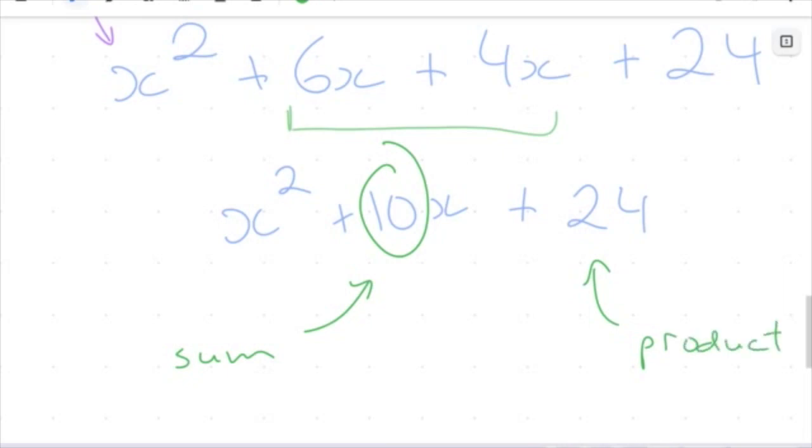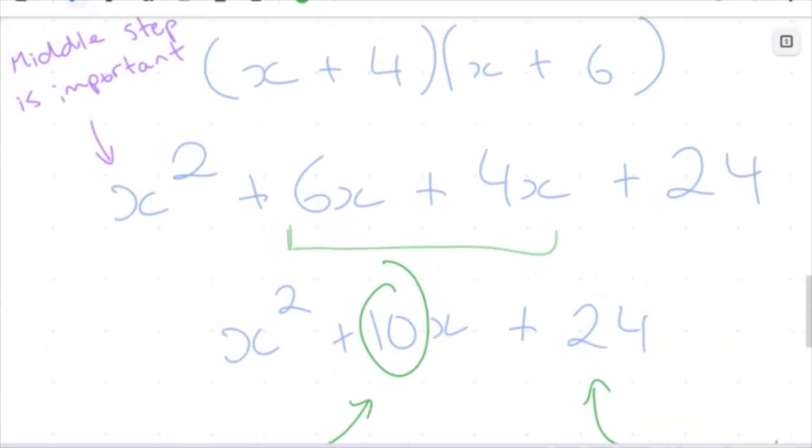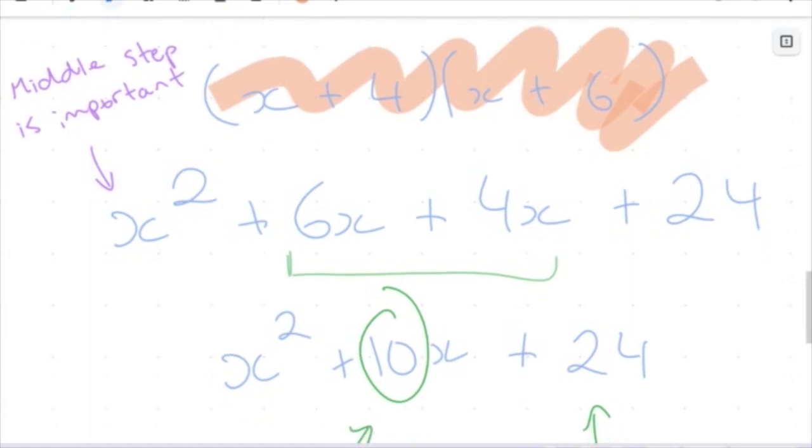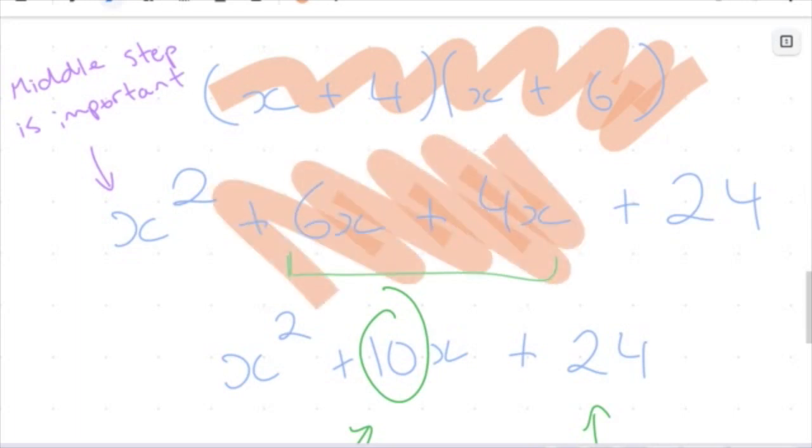So once we find those terms, because we're going the other way now, before we get to this final step where we end up factorizing, we need to first take those numbers and display them here.